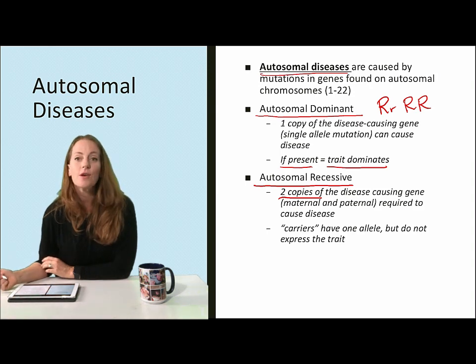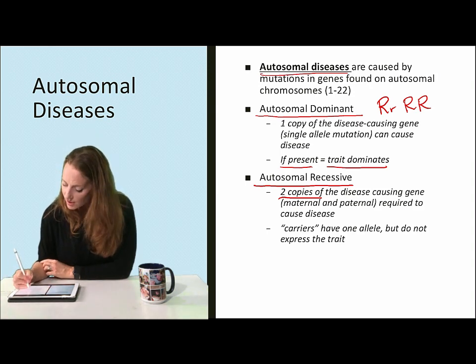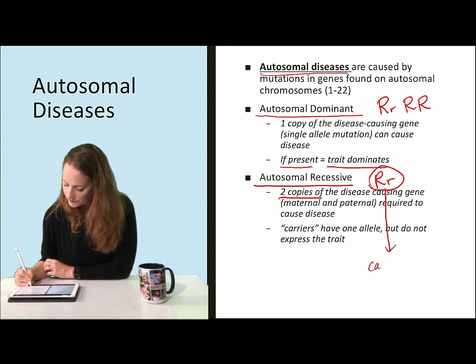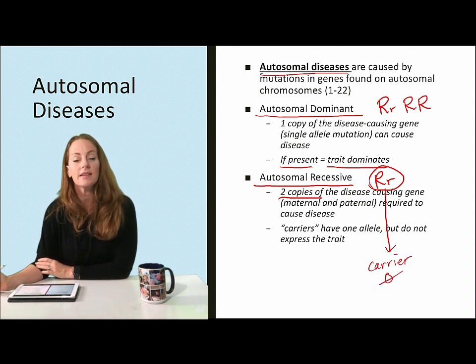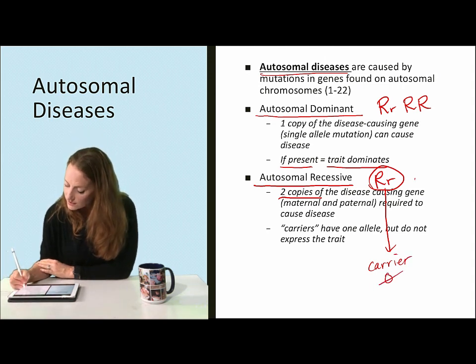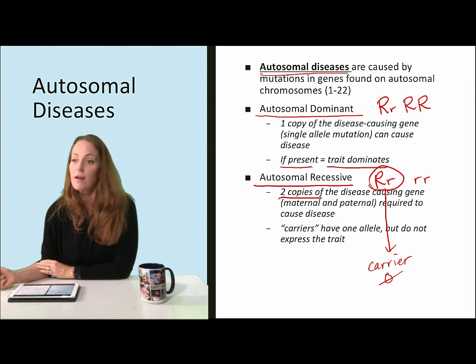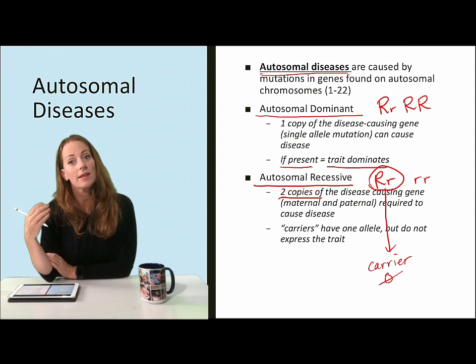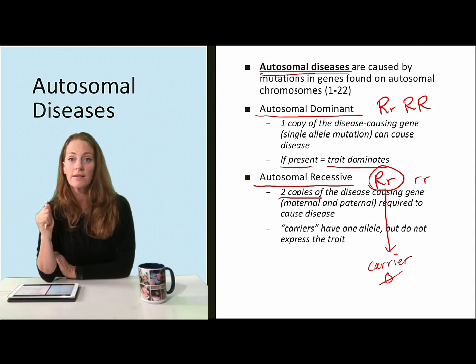But in autosomal recessive, a big R, little r would be a carrier and would not have the disease. Only the little r, little r, or homozygous recessive, would actually express the disease.